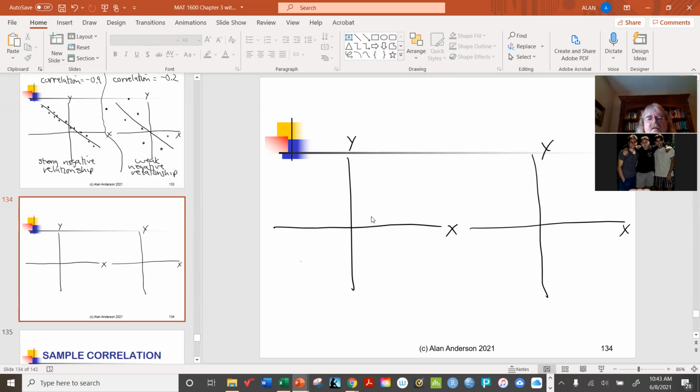So this time, the points are moving in sort of a northeasterly direction. Something like that. That's good enough.